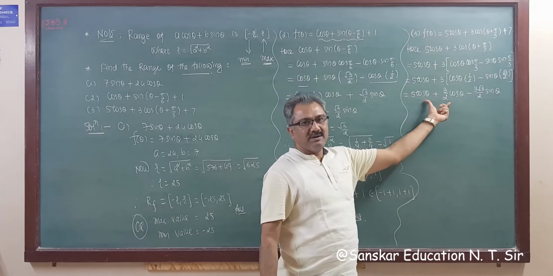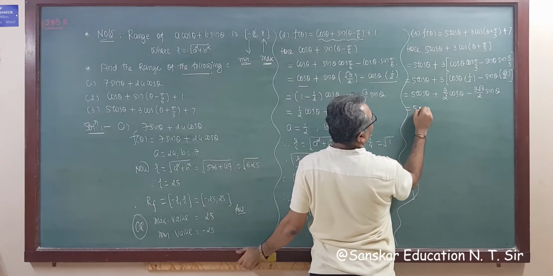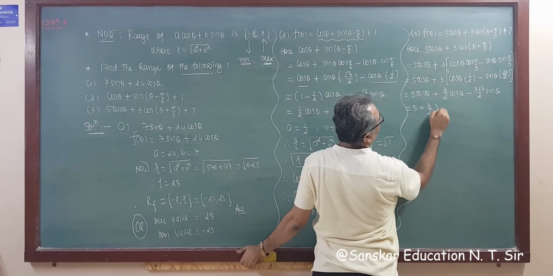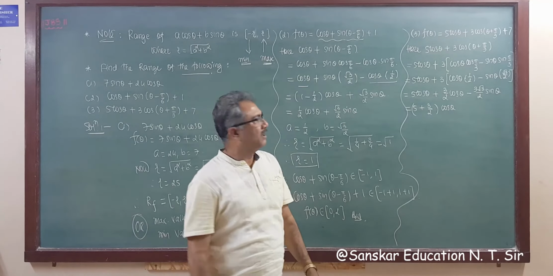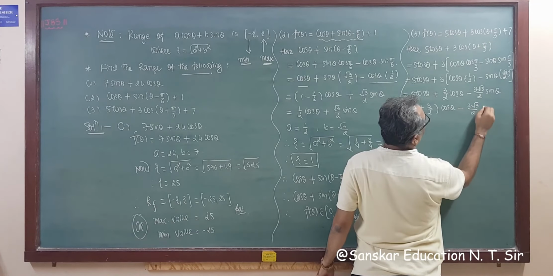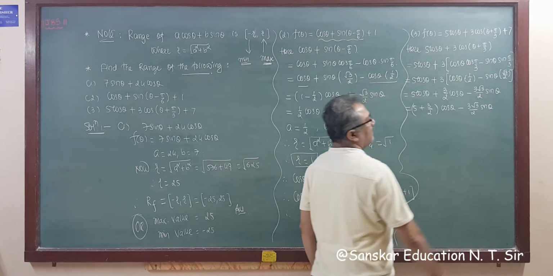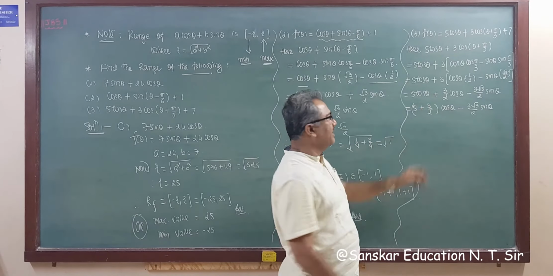Taking cos common as we did here, right? So taking cos common, what we get? 5 plus 3 by 2 into cos theta. Got it? Minus 3 root 3 by 2 sine theta. So LCM of this is 5 into 2, 10 plus 3, 13 by 2.